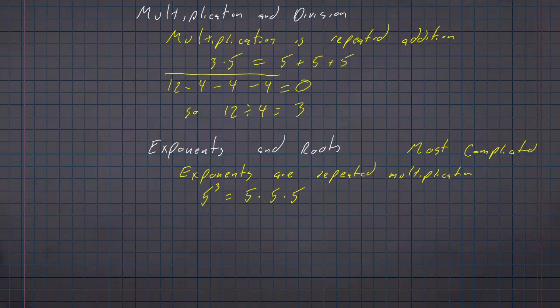They're just exponents where the exponent is a fraction, not a whole number, which is a bit of a nightmare and not what we want to deal with this semester. But the square root of 25 is 5 because 5 squared is 25.